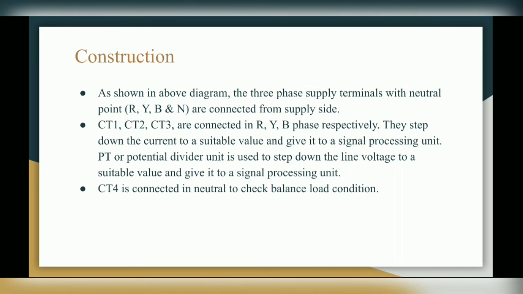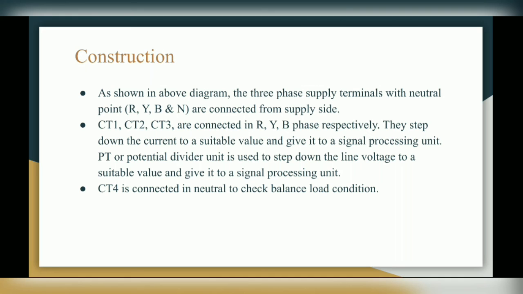Basically, the construction is as shown in the above diagram. The 3-phase supply terminals with neutral point R, Y, B and N are connected from the supply side. CT1, CT2, CT3 are connected in R, Y, B phase respectively. They step down the current to a suitable value and give it to a signal processing unit.